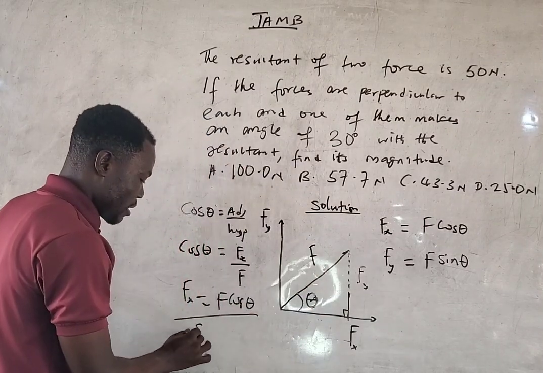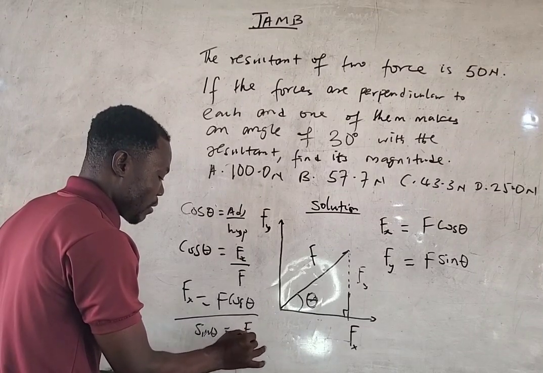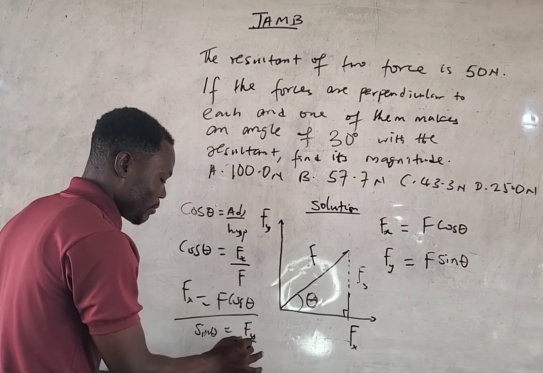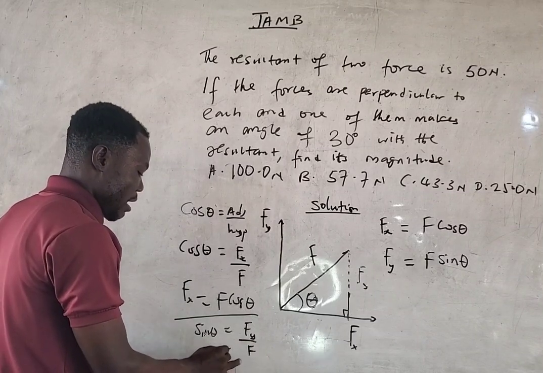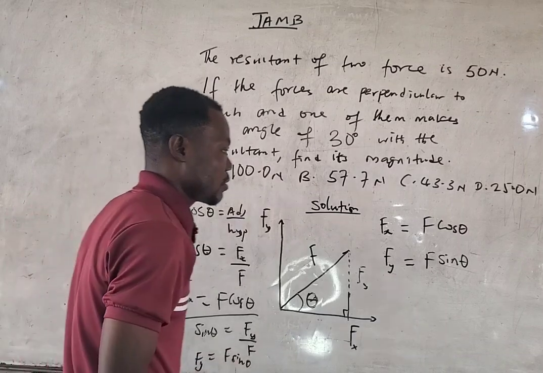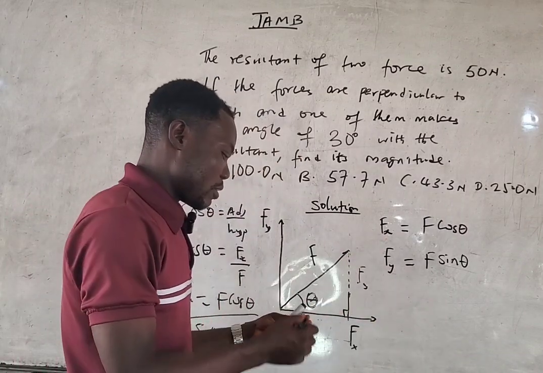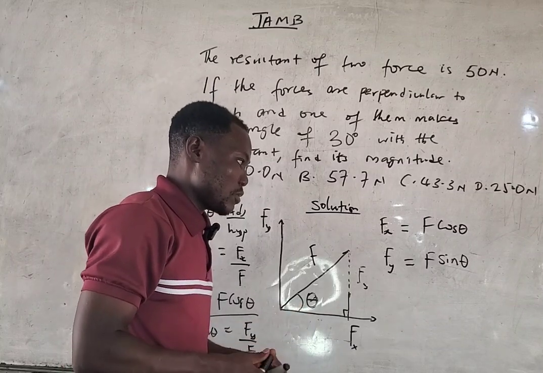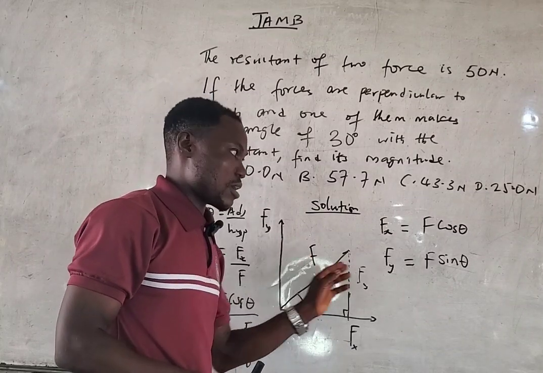So we can simply say that sine theta is Fy over F. So Fy becomes F sine theta. So these are the two components of the resultant vector. The two components of this resultant force are these.